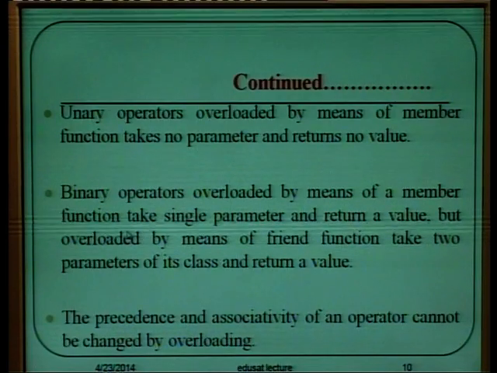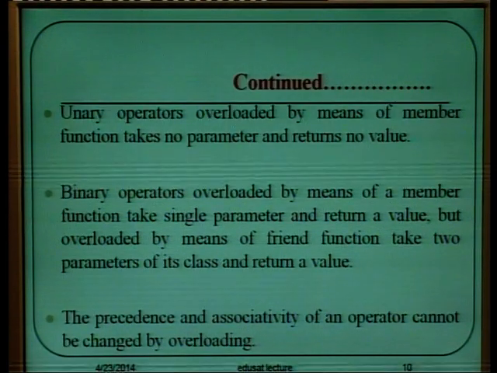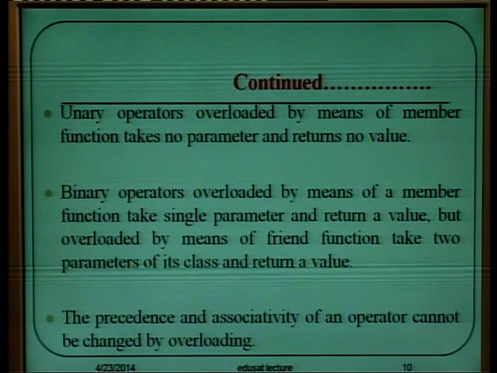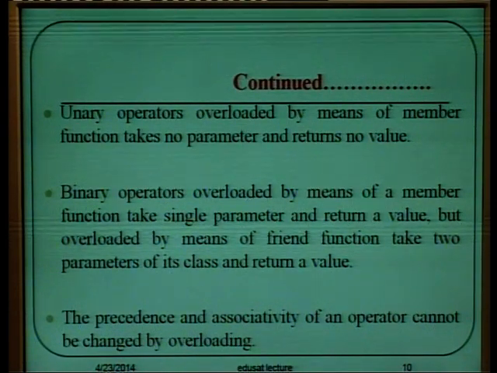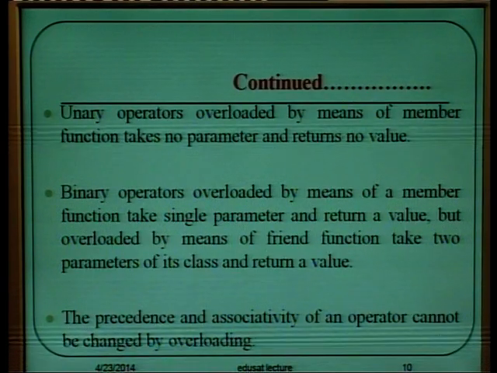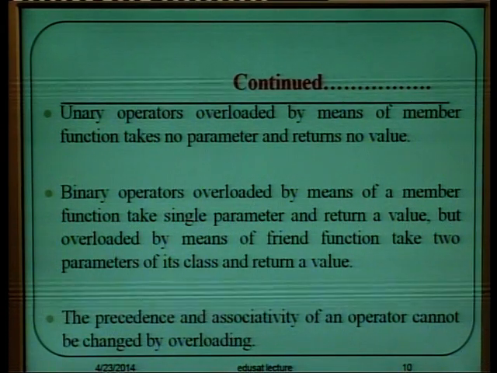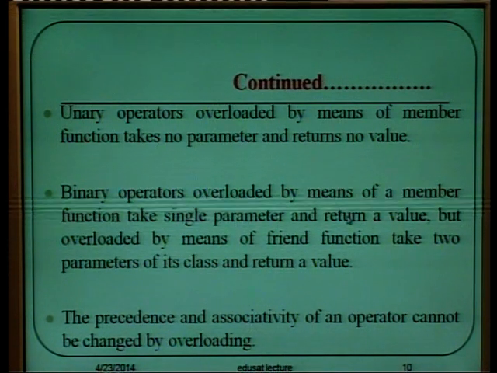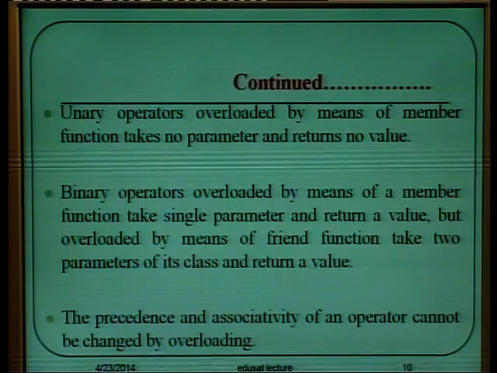That means here is a difference. In a unary operator we don't take any parameter and there is no return value, but in case of a binary operator we pass a single parameter and it returns a value. But those overloaded by means of friend functions take two parameters of its class and return a value.